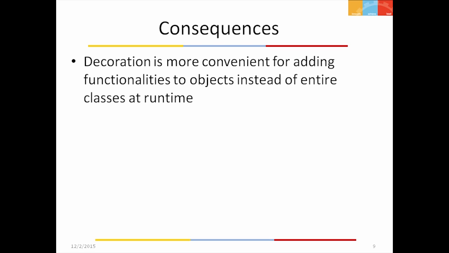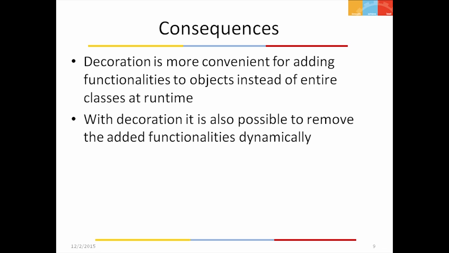File reader obviously does not have buffering capability, but you are adding it at runtime. With decoration, it's also possible to remove the added functionalities completely. That's also possible, which is a negative decoration. You are not adding, but you are basically subtracting or removing certain features.